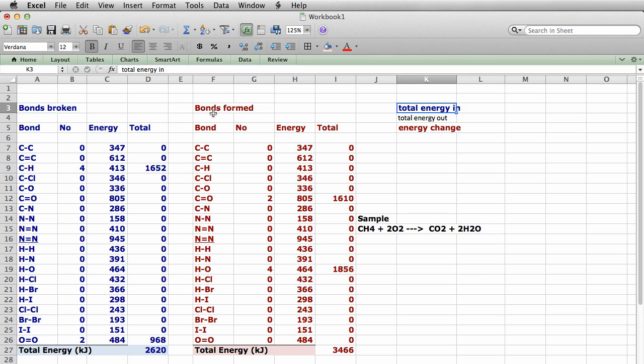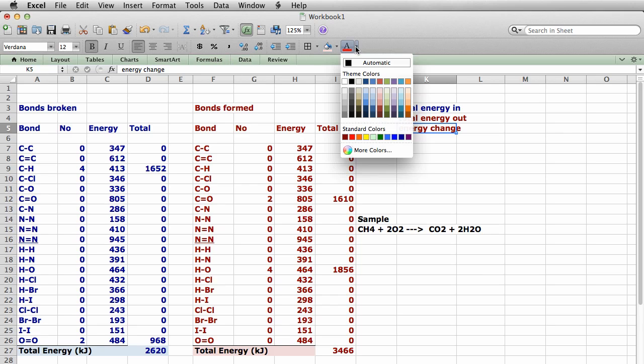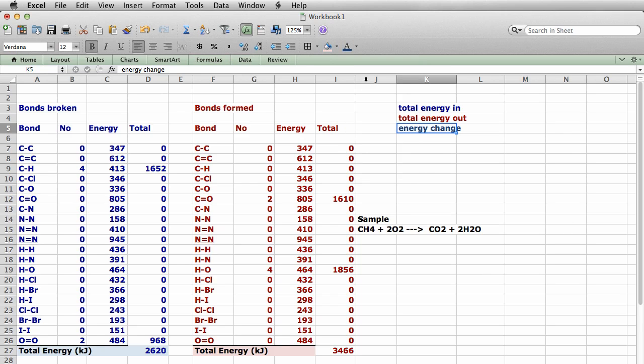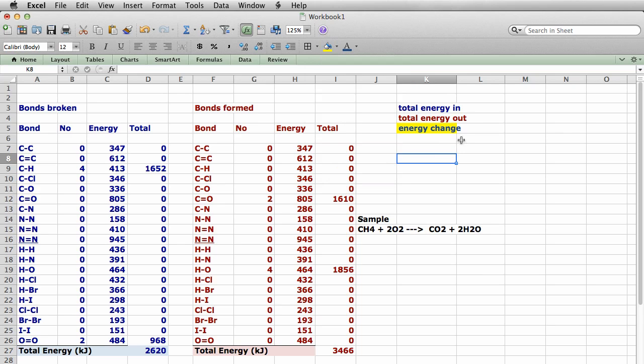My energy out I'll grab from right here. Grab the paintbrush. Here's my energy out. And I'm going to change this one right here to a different font color. I'll choose this black with a yellow background here.